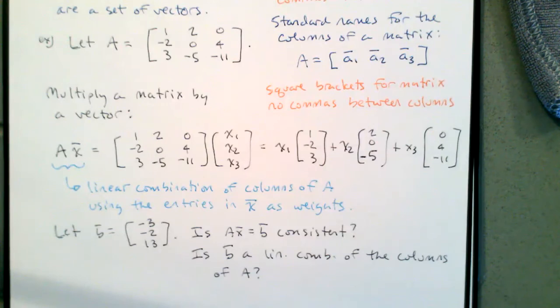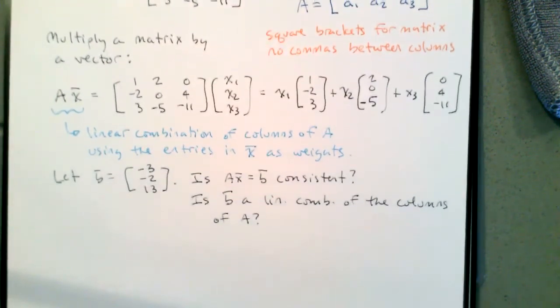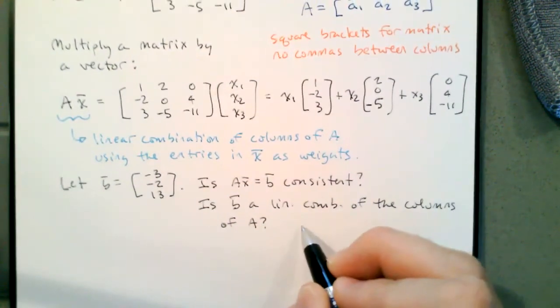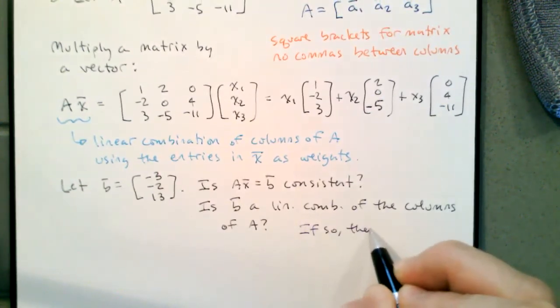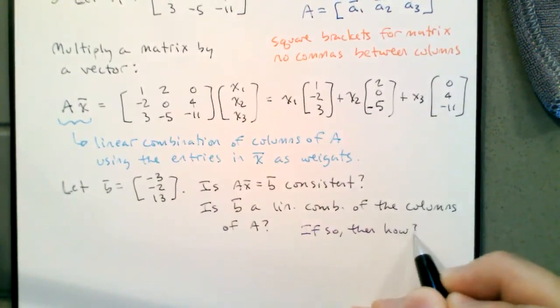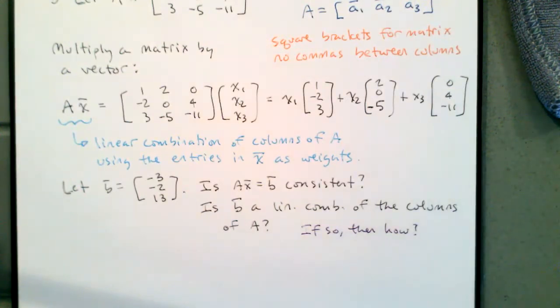And just like before, if so, then how? And that would be the general solution or parametric vector form. So this matrix equation business is just another way that we can summarize the same question. Is one vector a linear combination of the others?